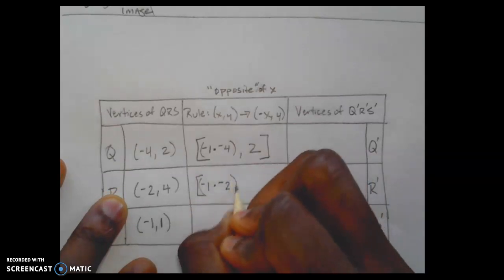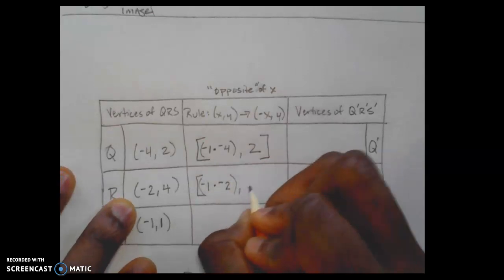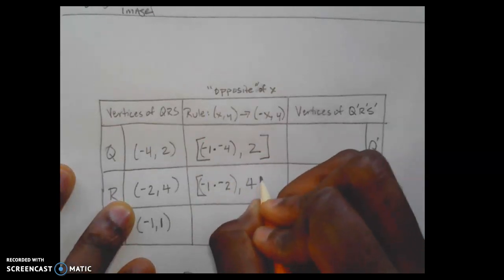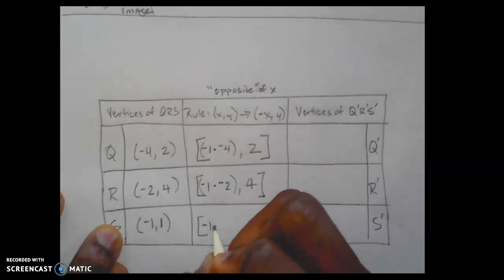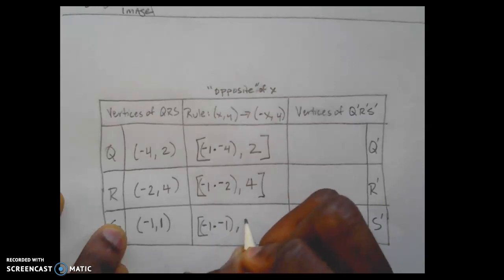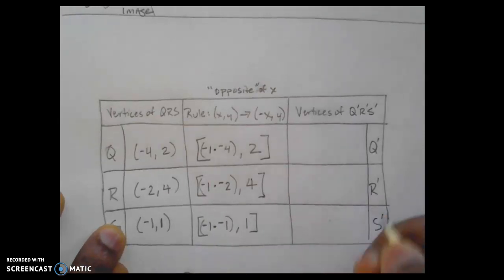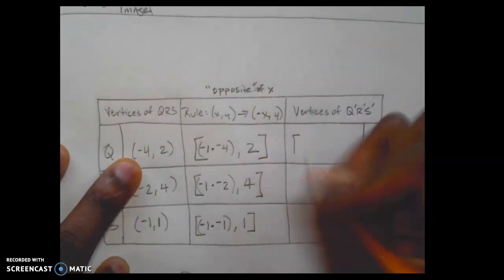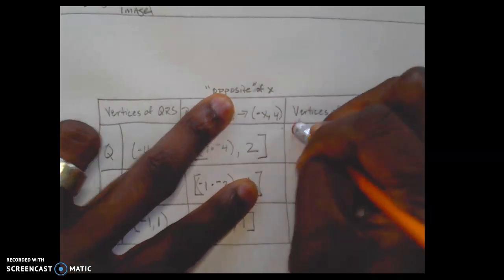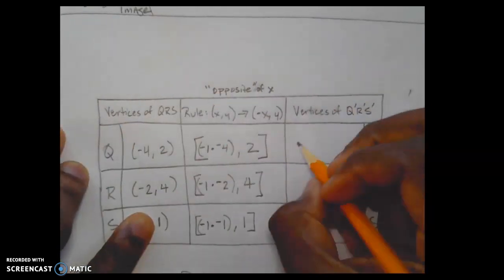Remember, I'm only changing the x coordinate, leaving my y the same. And then we have -1 times a -1, leaving my y the same. Okay, so now I want to go ahead and simplify this. So I'm just going to use a regular old parentheses.